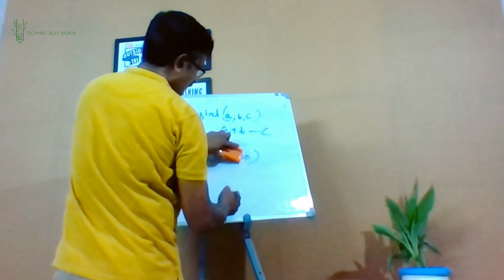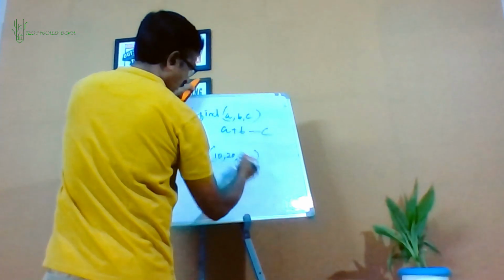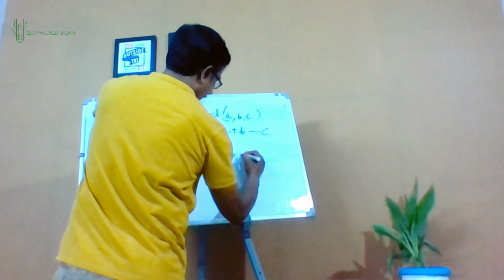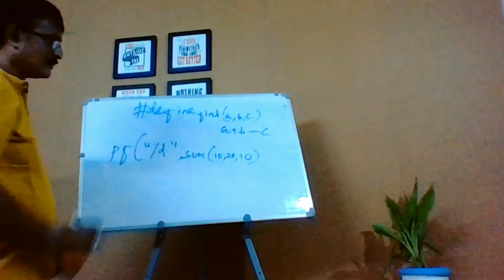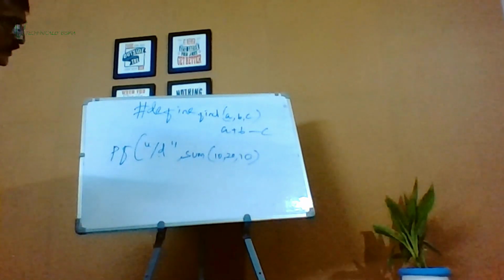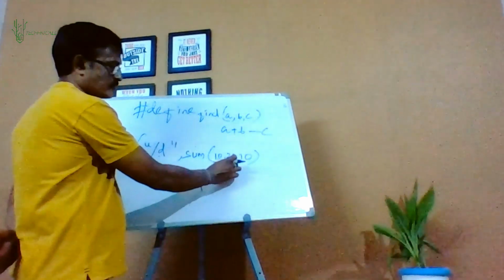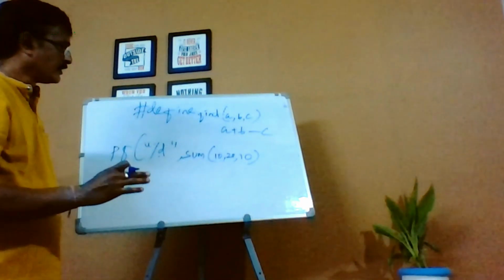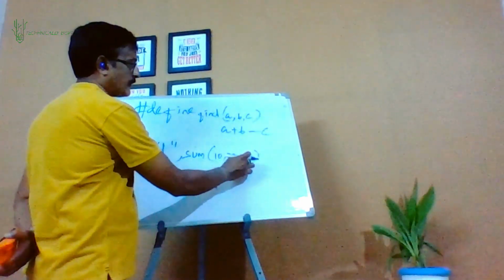Okay. Let's change this value so that we get a better result. Let's say 10. Okay. Got it? Now, what is the result you get? You get a result that is 10 plus 20, 30 minus 10.